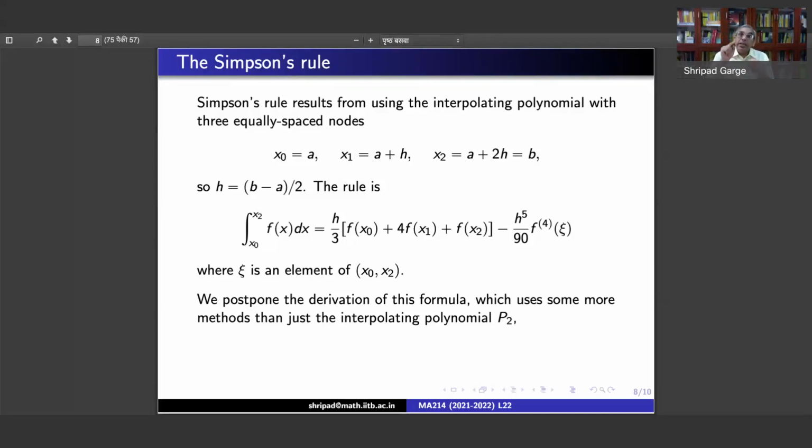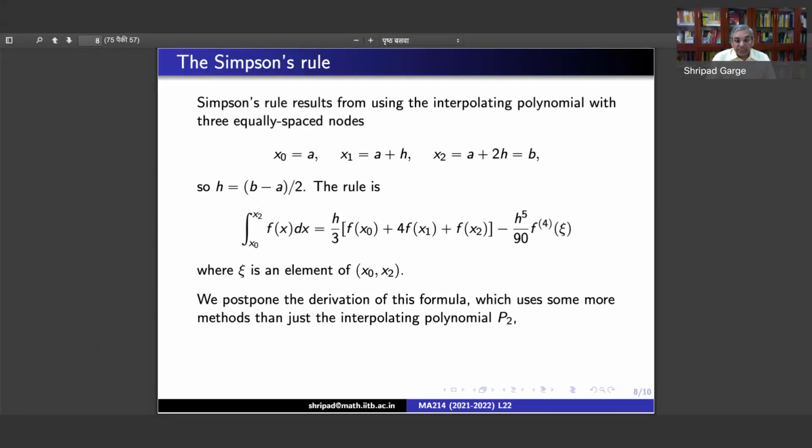And then for f double prime, we use the formula from numerical differentiation for f double prime using P2. So once you put that formula for f double prime in the Taylor's formula and then compute the integral, we get this integral that helps you get the error term in terms of h power 5 upon 90.